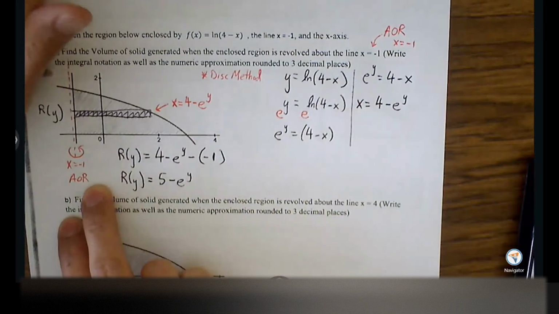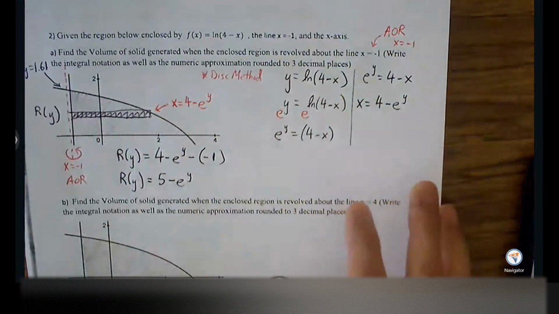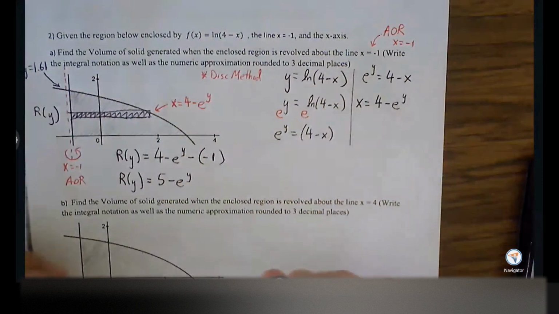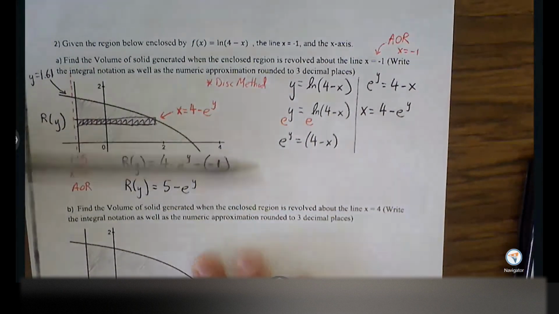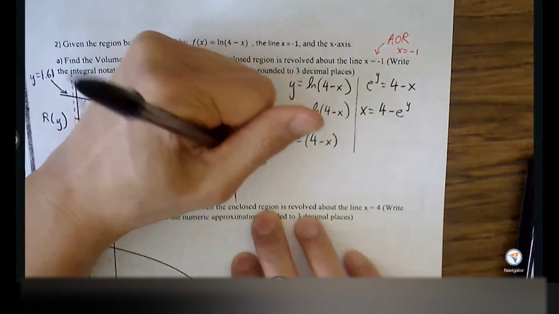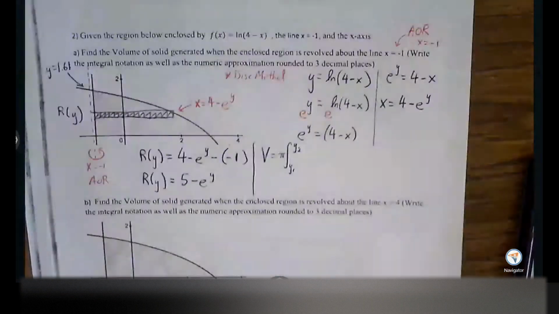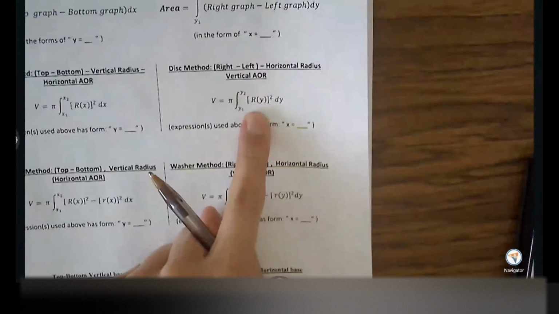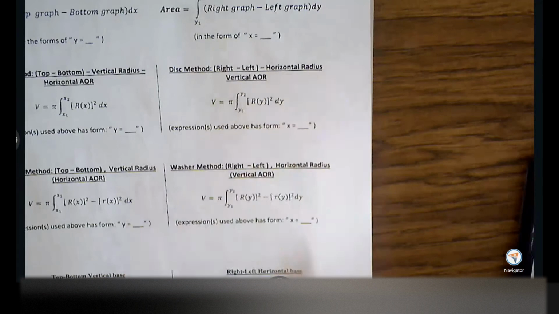All right, so we need this value here. And the reason why is because we are stacking these cylindrical disks from the lowest to the highest y value, right? Because our volume formula is now going to be V equals pi integral from y1 to y2. If we're doing right minus left, we have to follow what the formula says. y1 to y2, big R squared for horizontal disk method.